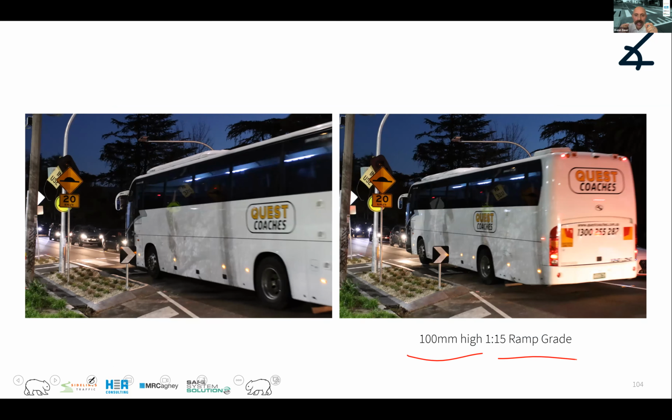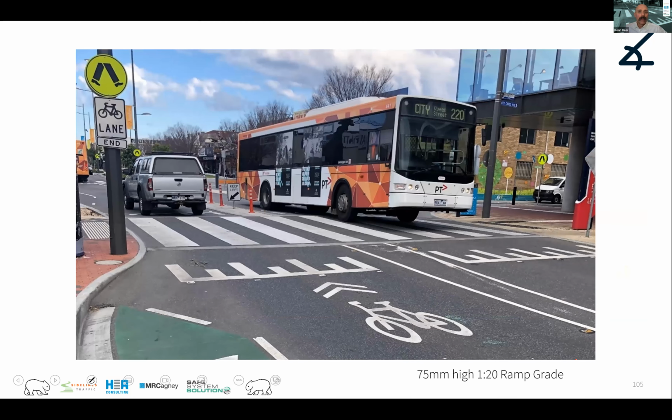Okay, so the bus has to slow down quite a bit to navigate over this because it's quite an exercise for them to get over it. They're not going to scrape, okay? They're not going to bottom out. They will navigate over it. However, it's not a common bus route. This is the one that picks up kids from the school, but it's not that frequency of every 9 minutes a bus comes along.